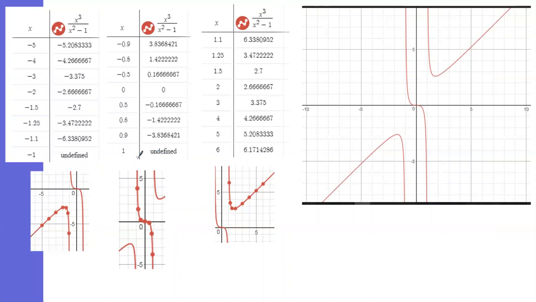We didn't have that value as part of our domain. You can't divide by 0. The 0.9 was at negative 3.83. So you plot those points. So (-0.9, 3.83), that's about right there. And there's that (0, 0). (0.9, -3.83) is about right there.